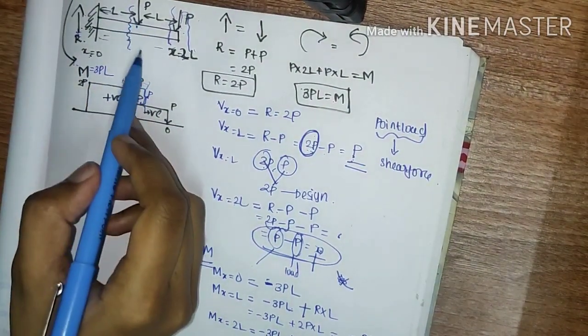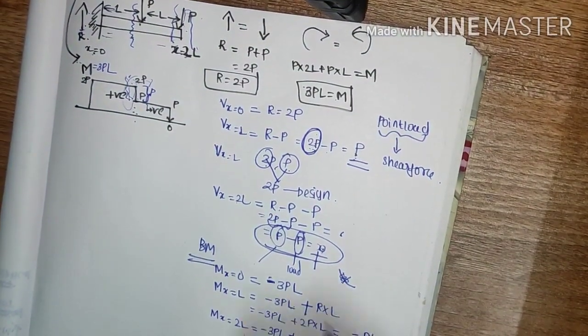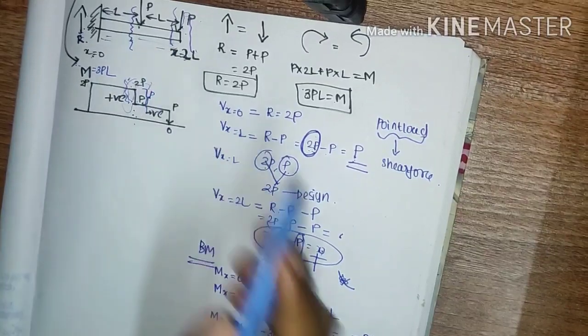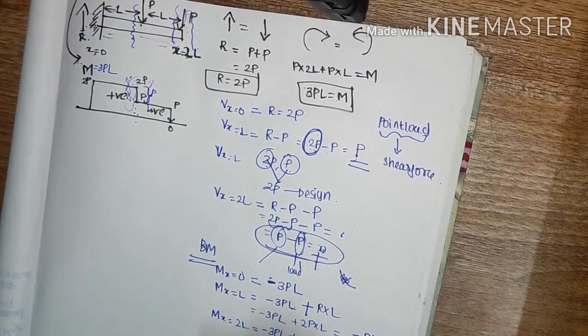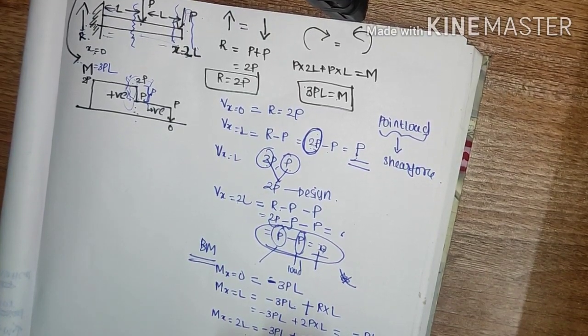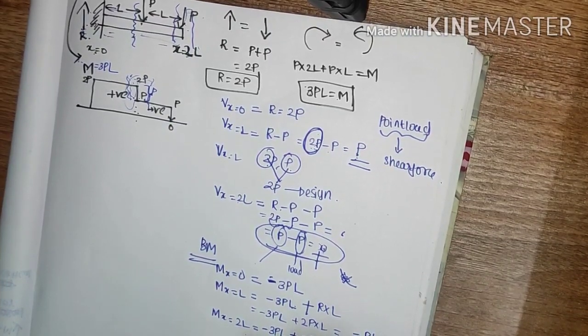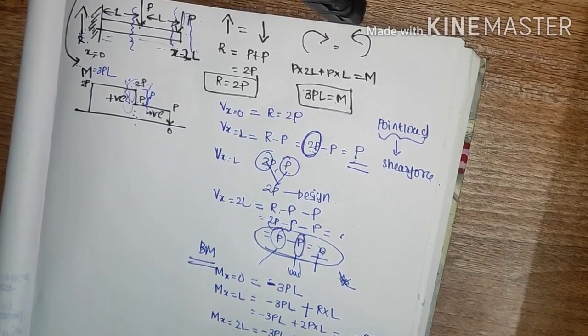Next, this is a downward force, which creates a downward moment, minus P into this distance, which is minus PL. So minus 4PL plus 4PL equal to 0.